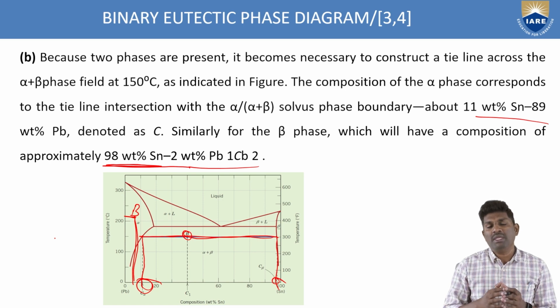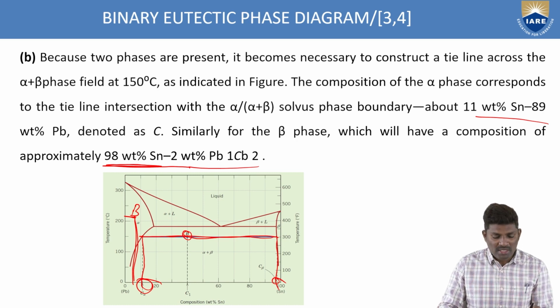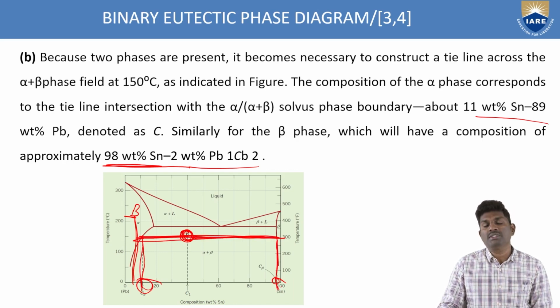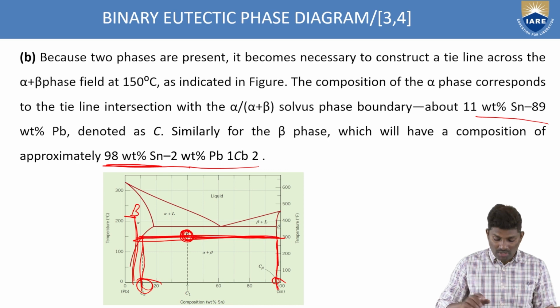The tie line has to be connected to the two phase boundaries and pass through this point. Along this point B, a line is tied between these two phases, and we identify the composition by drawing vertical lines for the composition and a horizontal line for the temperature. This is how you have to identify.